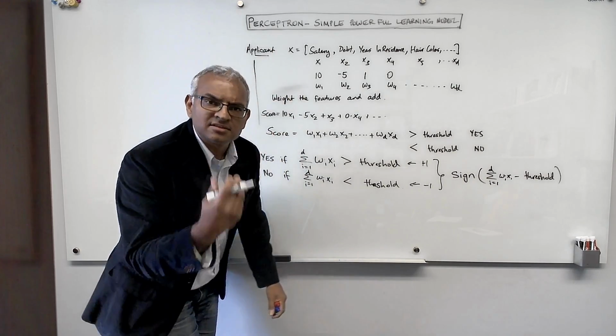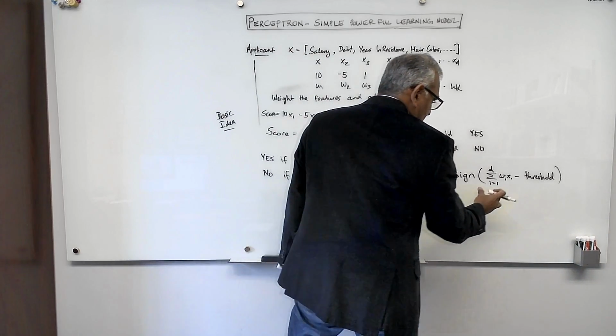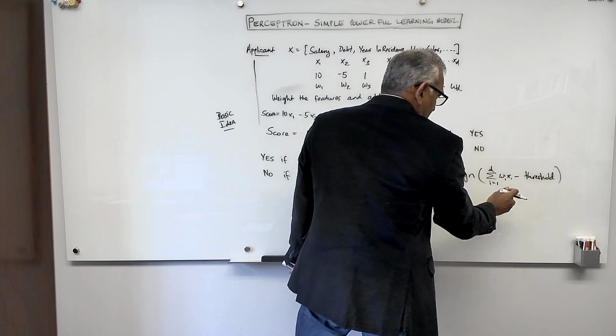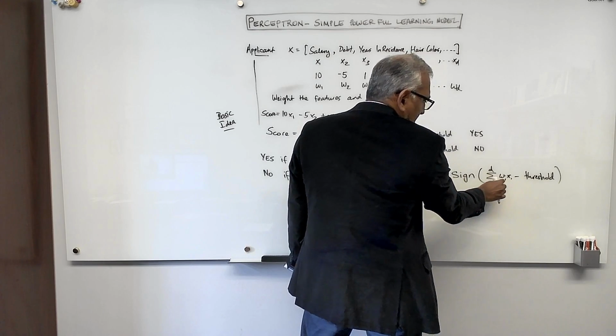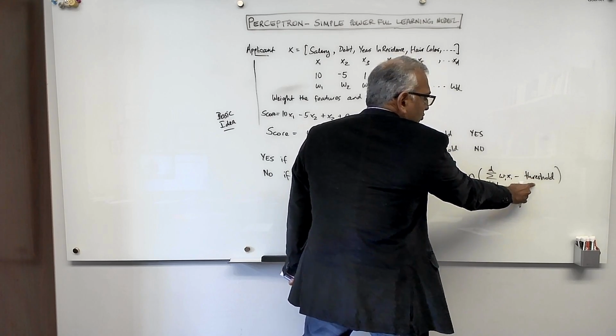Let me further simplify the form of this function by introducing another weight, w_0, which is going to be related to the threshold.